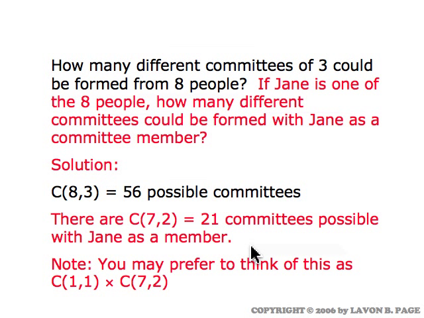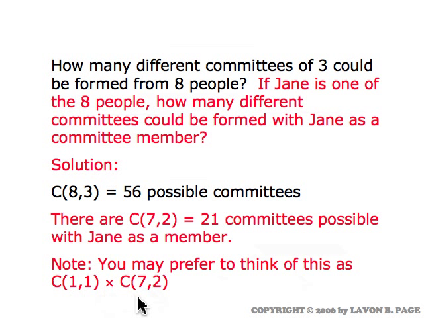If you want to really think in terms of the full committee, you might think of forming the committee by picking Jane as one of the people. So first we're picking one person from the one person who is Jane, and then we're picking 2 of the other 7 people to get our total of 3 people for the committee.